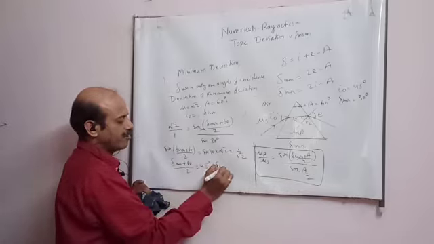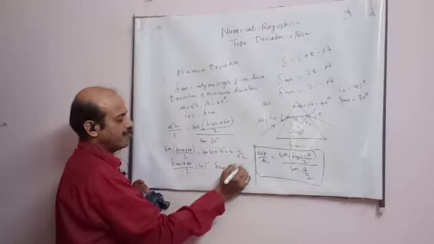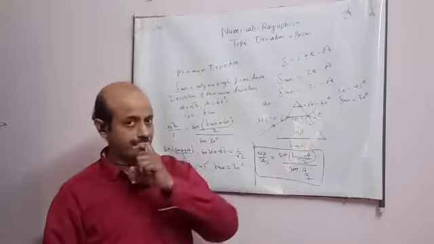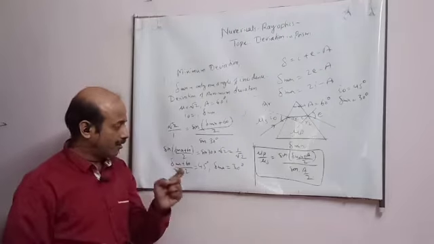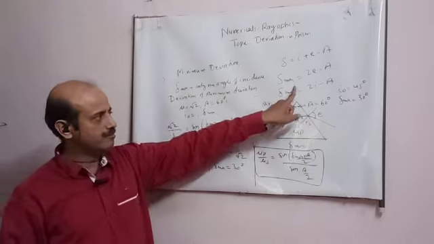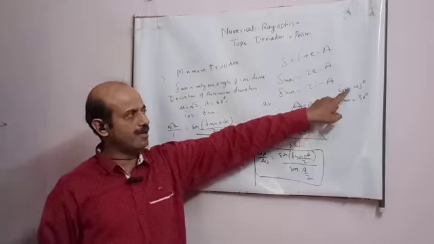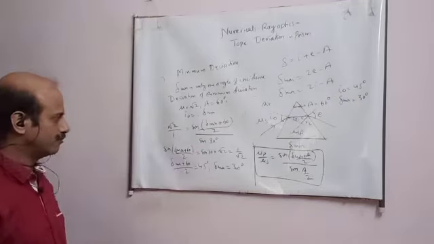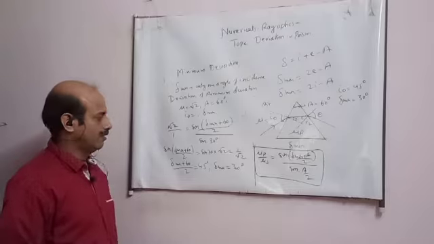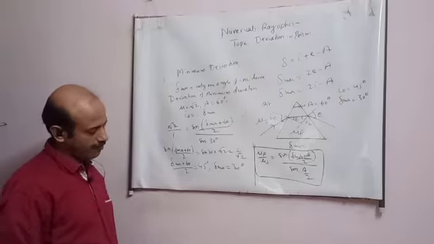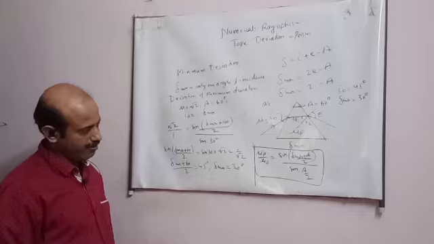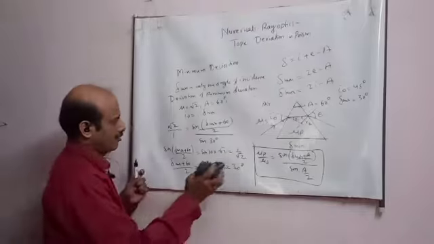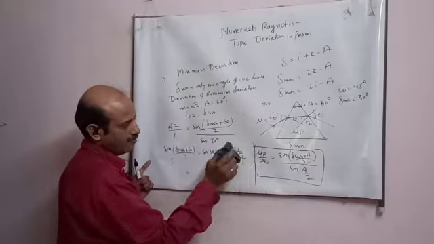You solve it, you will get delta minimum 30, which I got in the previous case. Now you substitute this value here, you will get the value of I. Same answer you will get. Now another type of numerical which can be formed here is, this formula is very important.